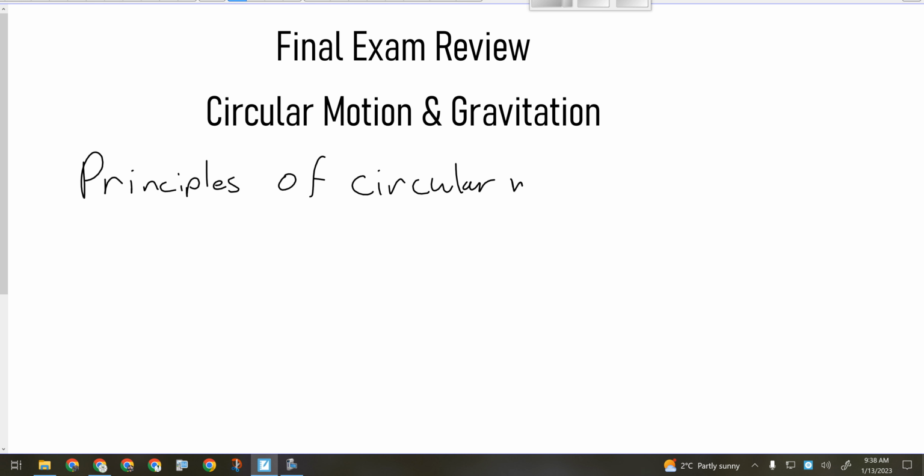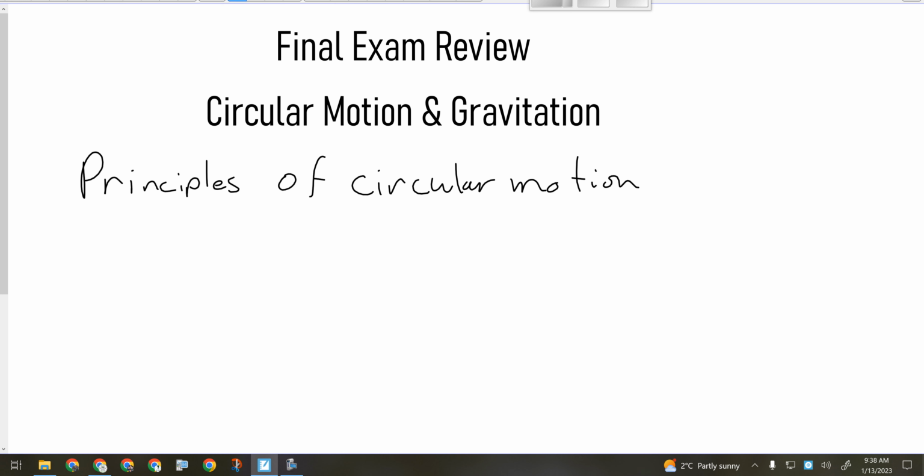This was actually something that didn't go well on our unit exam. There were a couple of multiple choice questions about this on the unit exam, and there will be on the final, okay, on how circular motion works or the nature of circular motion. If something is going to move in a circle, what is required? A centripetal force.